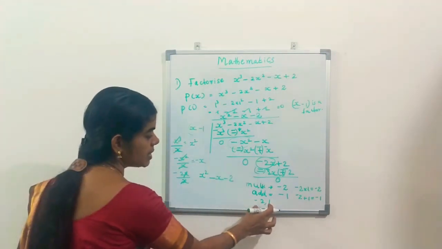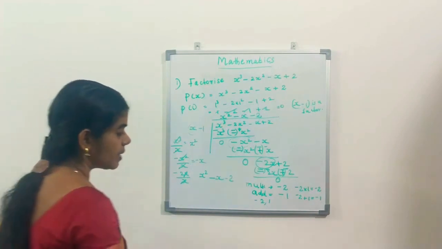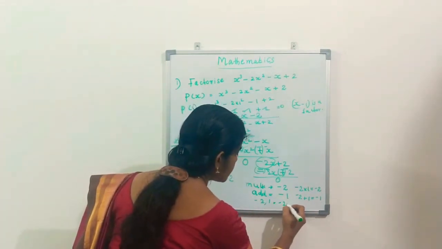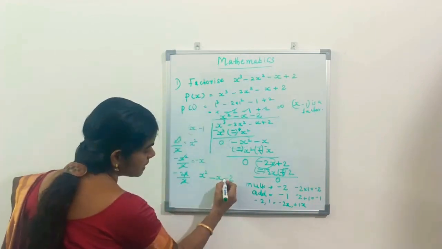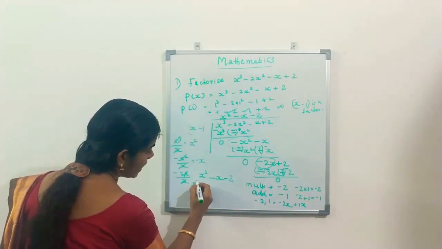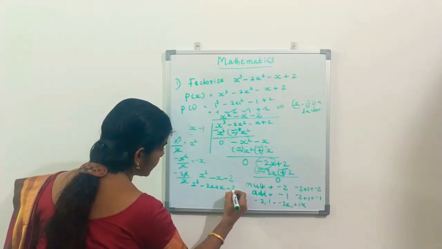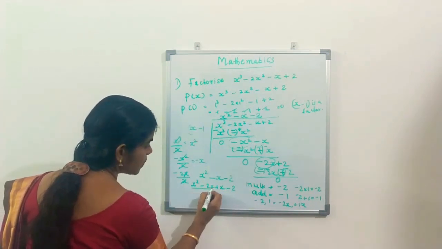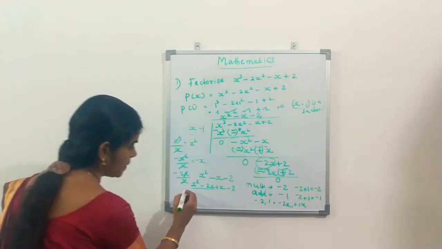Using these two numbers, we are going to split this middle term. We can write this as minus 2x and plus 1x. Just I am splitting this middle term. Then x square minus 2x plus x minus 2. From these two terms, which term can we take outside? x.